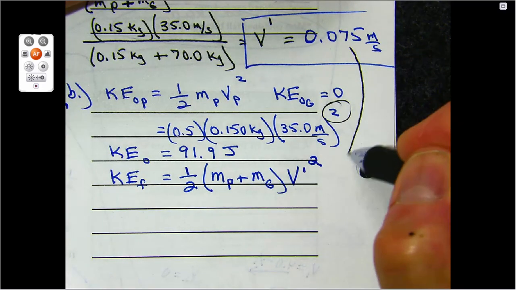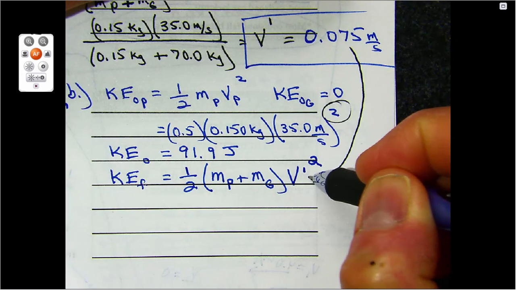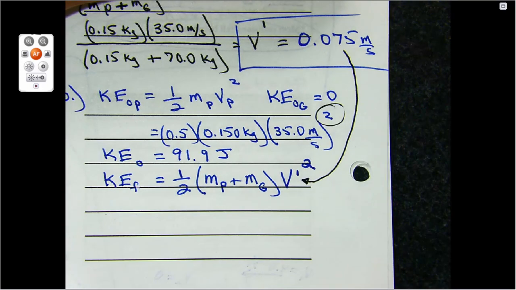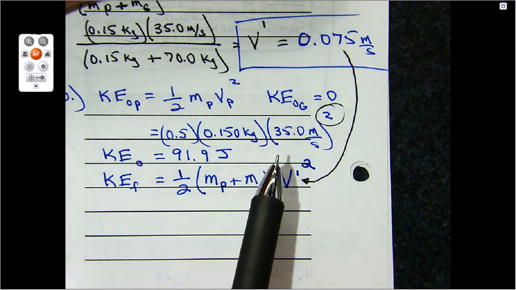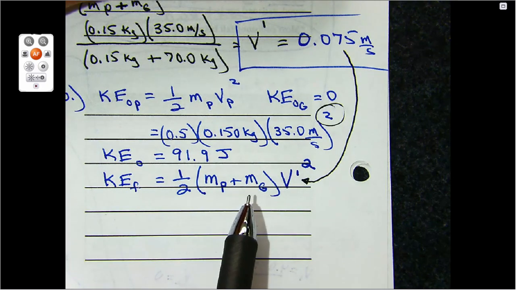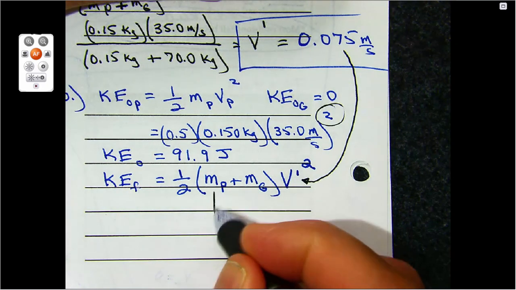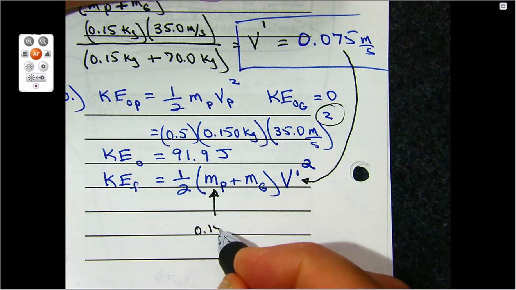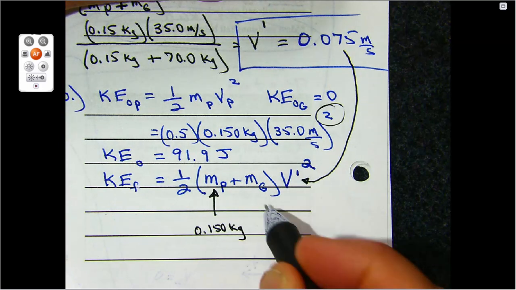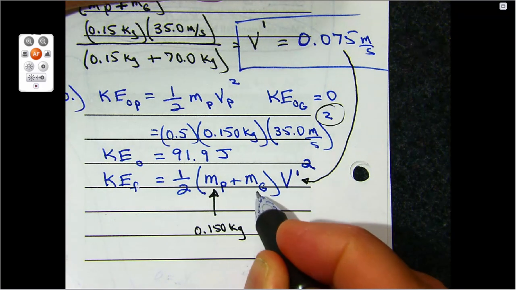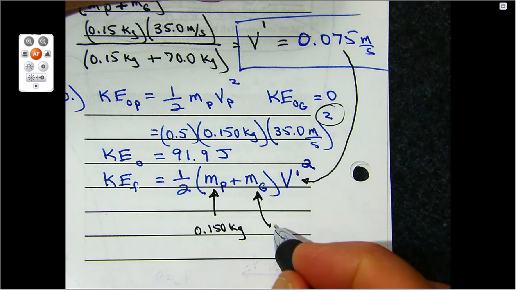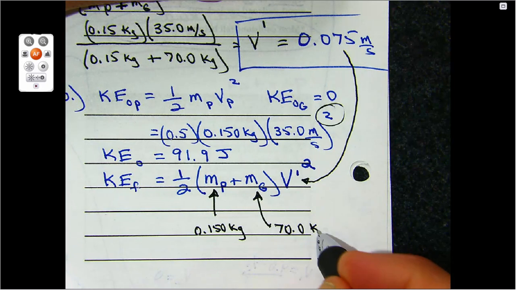Let's plug this in. This is my V prime that I just figured out, right? That thing on the line is the G, correct? Mass of the goalie? Yeah, mass of the goalie. So now this right here is 0.15 kilograms and 70 kilograms.